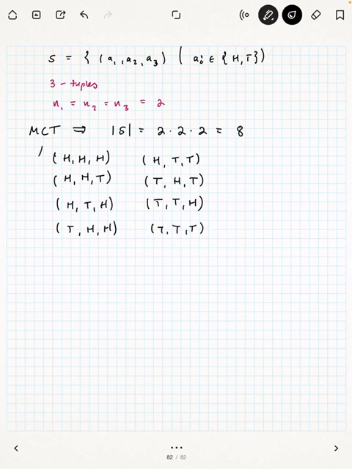So that's the full sample space, and it didn't take us that long to figure out the size of the sample space, but we can use this much more generally and powerfully.